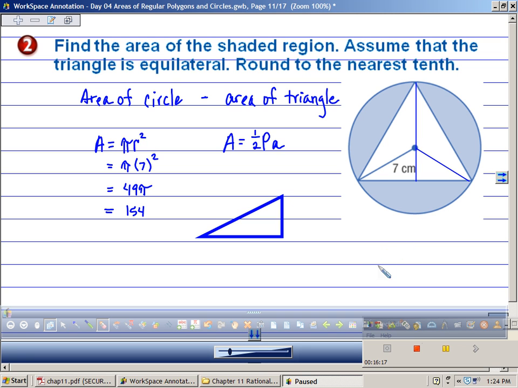No. 360. But we're talking about the central angle, not these angles. Isn't there 360 degrees inside this circle right here? So if I take 360 and divide it by 3, I would get 120. So this whole angle right here is 120. Correct?